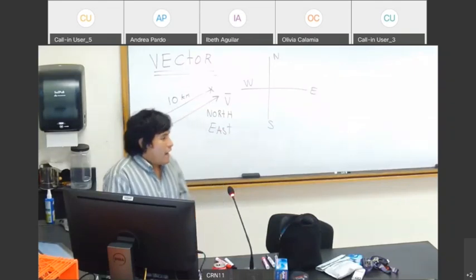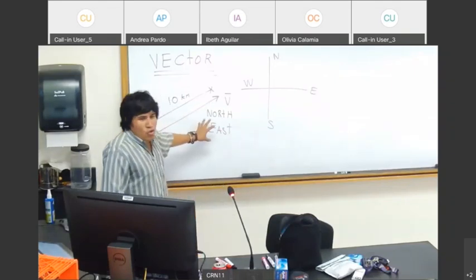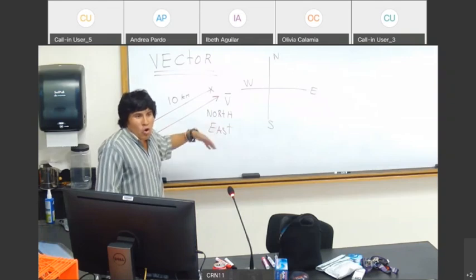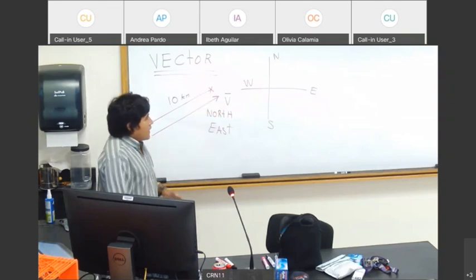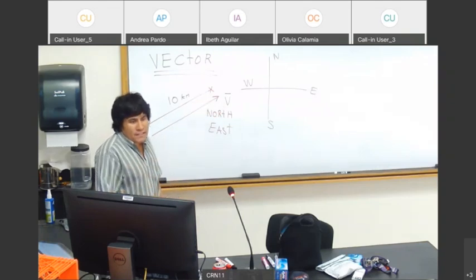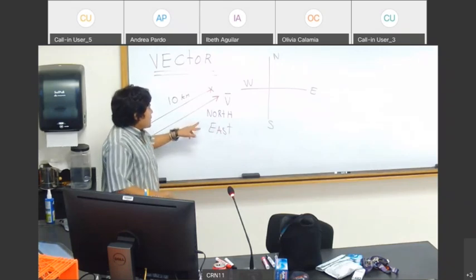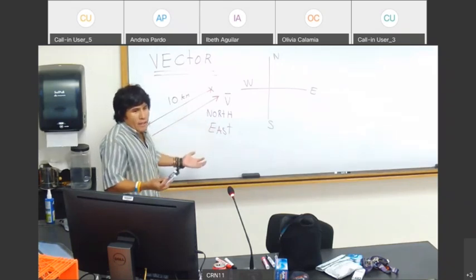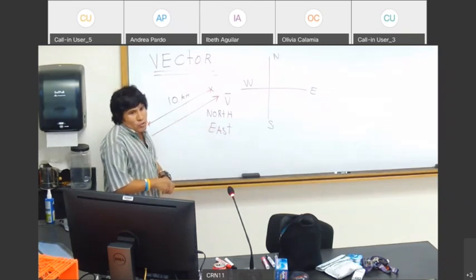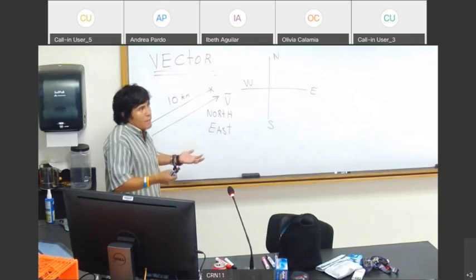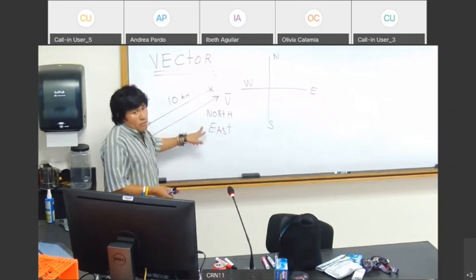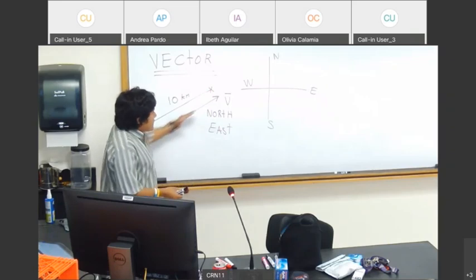You already know about directions, about north, northeast, about finding different places on a map. So that's in some way an empirical way to get to know what a vector is.